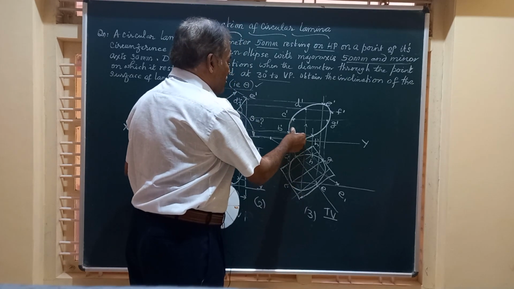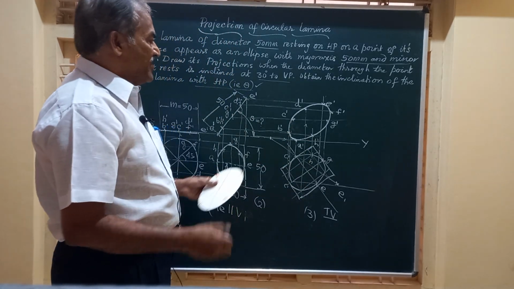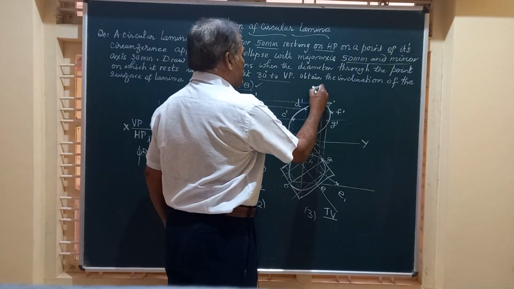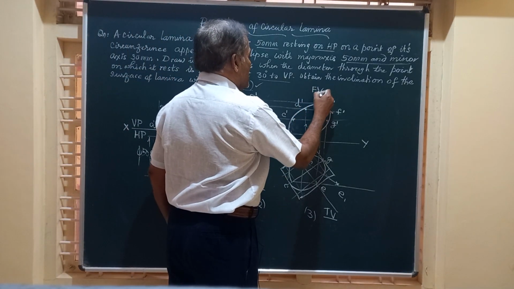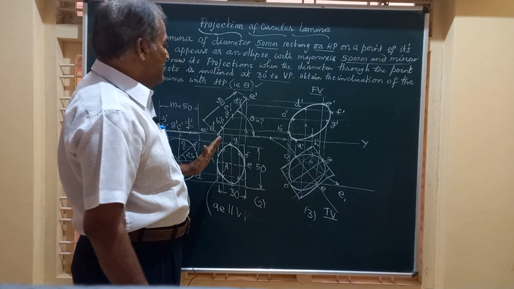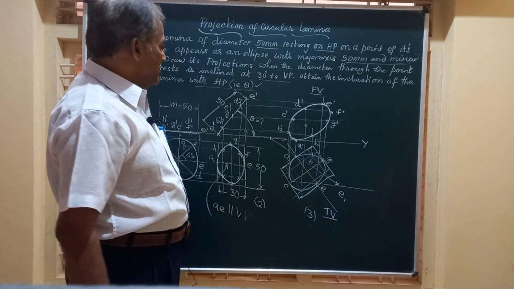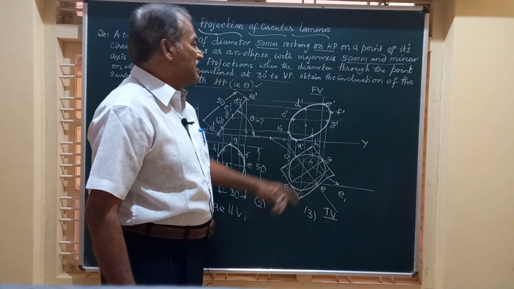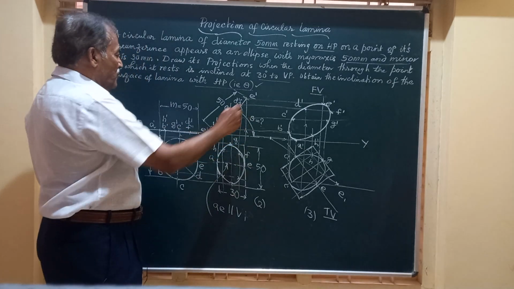Friends, this is how we get the final end view, the front view of the ellipse or the circle. So friends, you can see here, we have completed the solution for this question. Here you can see the lamina is making an angle with HP that we have found out.